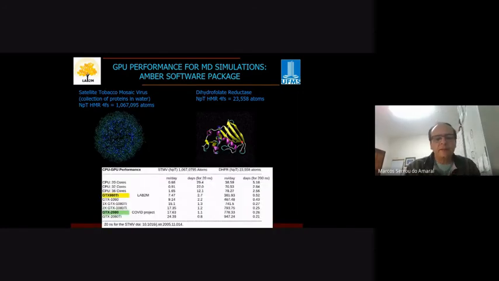And here you have some information about the GPU performance. Basically, I would like to point out the yellow GPU, because it's the most similar GPU to what you have in your lab. You have around 10 GPUs.